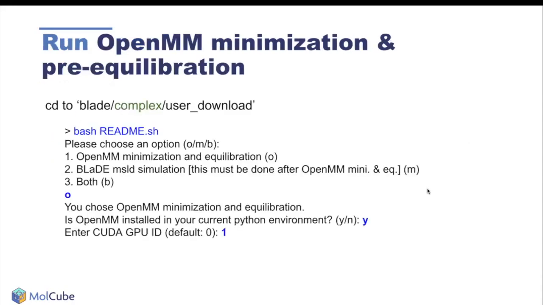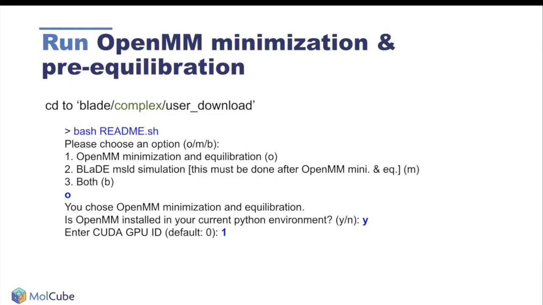With the downloaded project folder, we can run a Blade MSLD simulation for 2 systems, complex and solvent. For both systems, we need 2 steps. In the first step, we will use OpenMM to do minimization and pre-equilibration to relax the whole system. In the command line, we change directory to this user download folder, then use bash command to run this readme script.